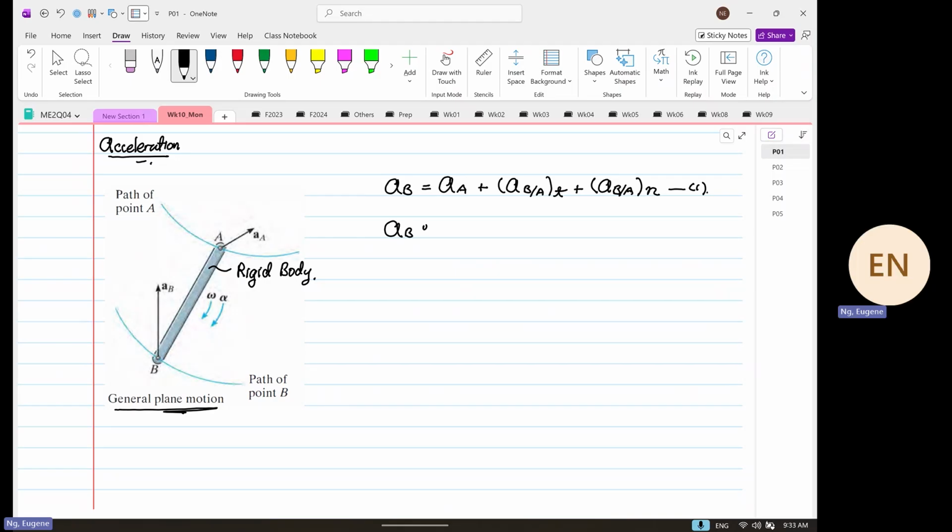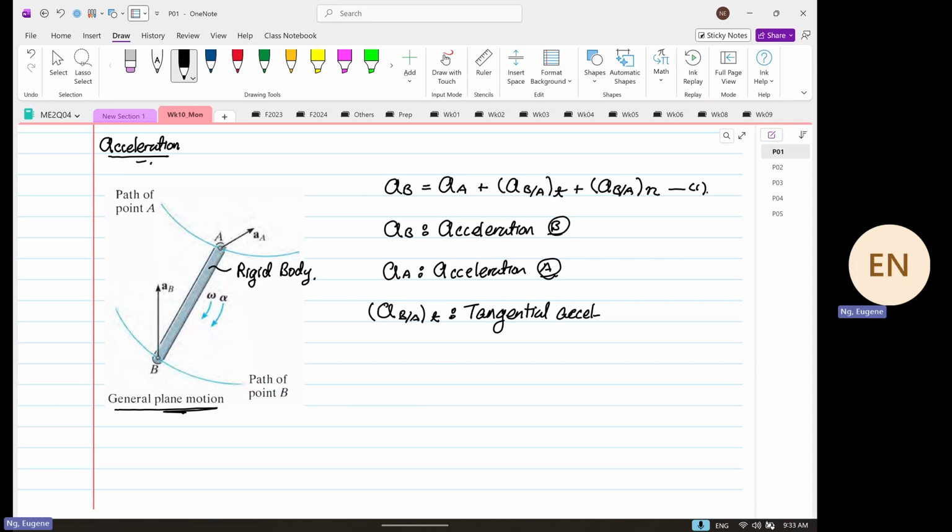We know that A subscript B is the acceleration of point B, and capital A subscript A is the acceleration of point A. And then the next one, we have the acceleration of point B relative to point A in the tangential direction.